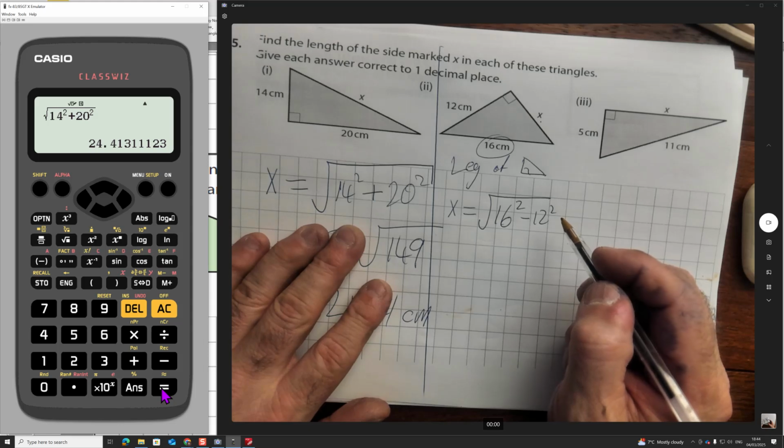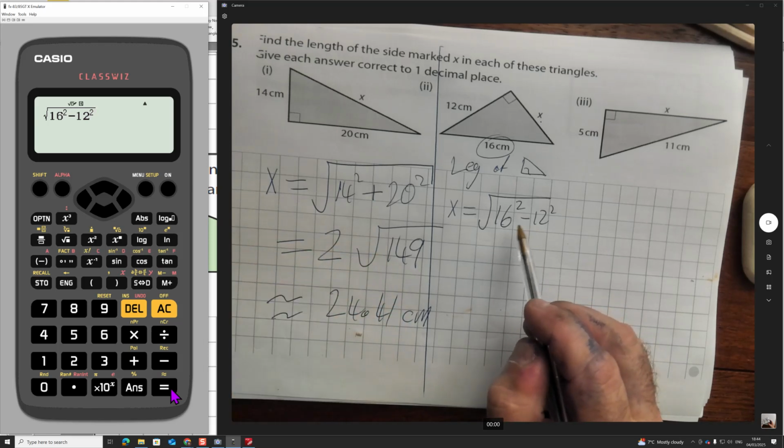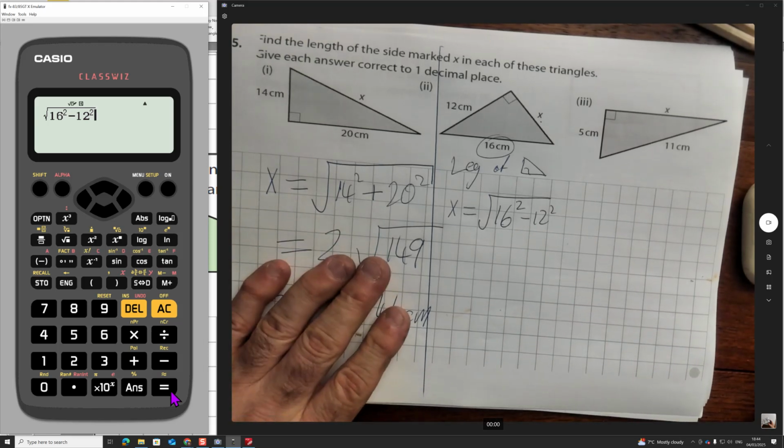Okay, in comes the calculator, clear, square root, 16 squared minus 12 squared. We'll look at it in surd form. I could have used the difference of 2 squares too there, but I'd have had to get 4 times 28, so it's not worth the mental maths.